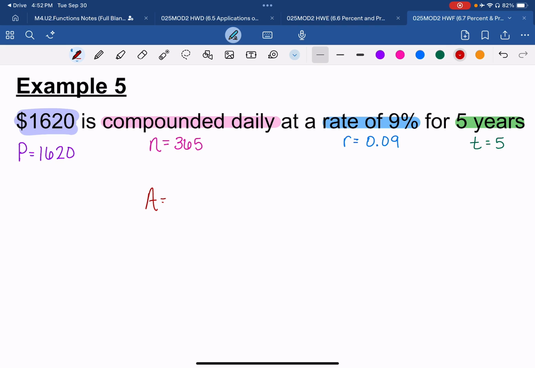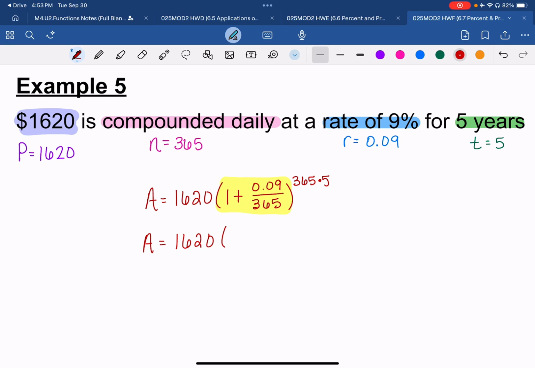So A equals my principal. It's always 1 plus my rate over my N, and then my N times the time. And we're going to clean this up. So we're going to take this inside, put that in our calculator. Be careful with the rounding.